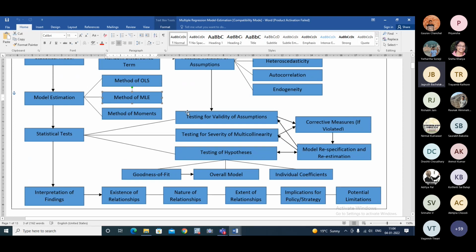Of course, sorry, just one more aspect I forgot. This loop is very important. While carrying out econometric analysis, after we estimate the model, we need to test for validity of the assumptions.